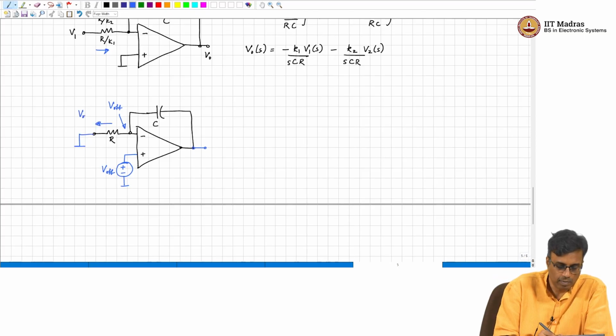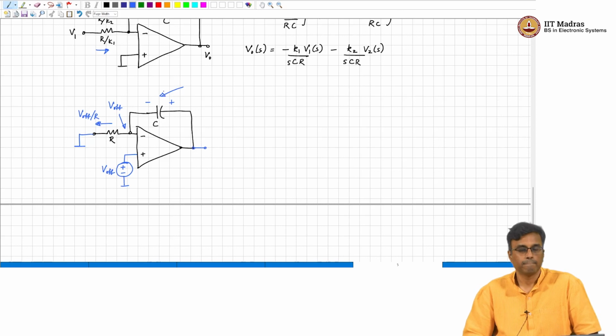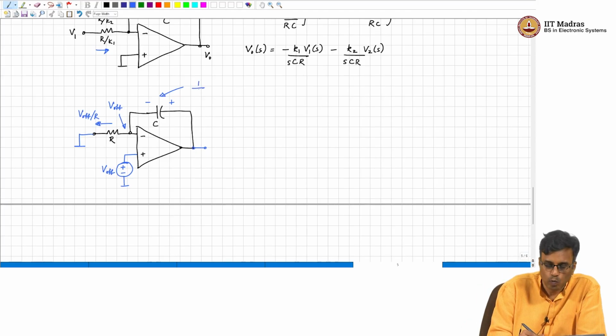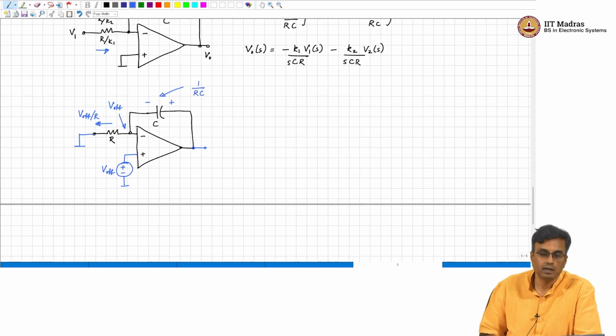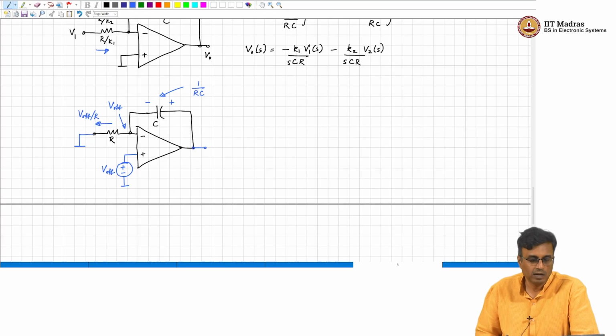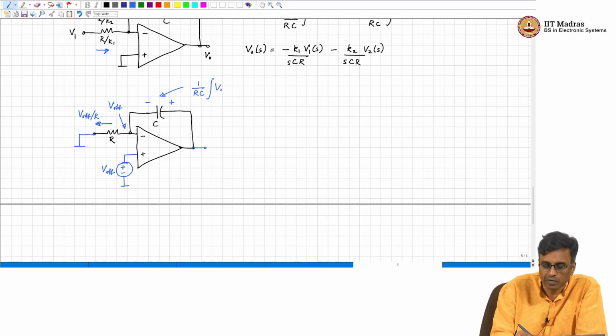This is V offset by R. So, what will happen to that voltage? It is 1 by RC integral of V offset. V offset is a DC, so this is going to be the integral of V offset.